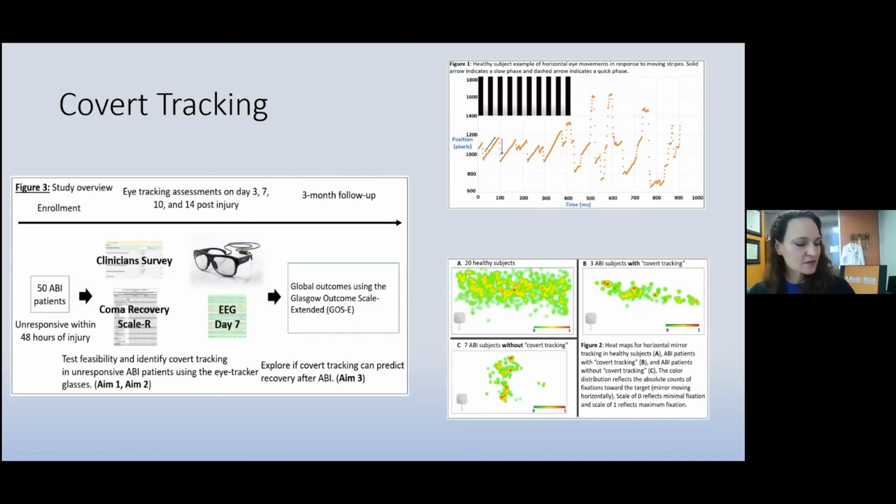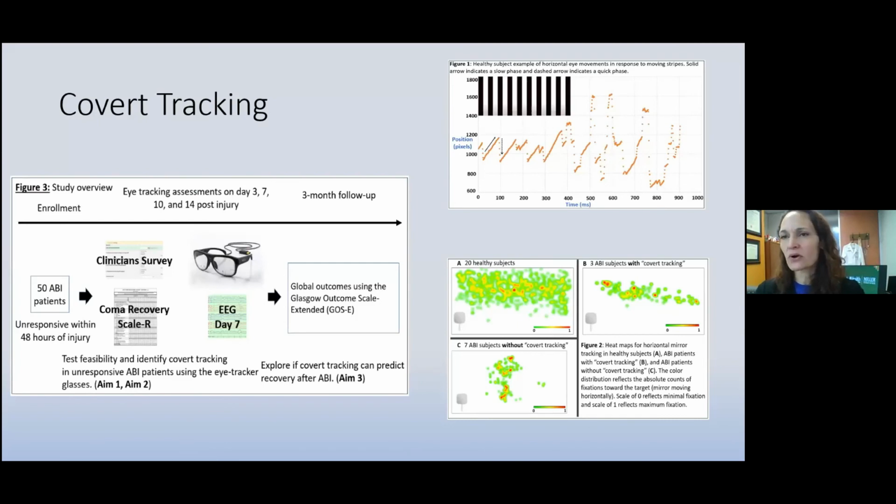This is a slide just explaining another one of Ames' studies that we're doing in the ICU. This is using tracking glasses that can objectively measure eye movements. Again, you're taking patients who are unresponsive, putting glasses on them, and giving them visual stimuli.